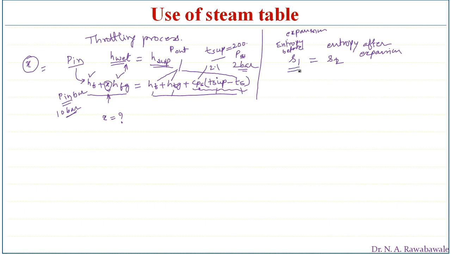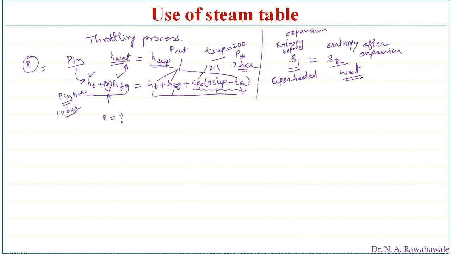So here, what happens if it is expanded isentropically or adiabatically, then entropy before expansion is equal to entropy after expansion. So before expansion steam is superheated, and after expansion it becomes wet.